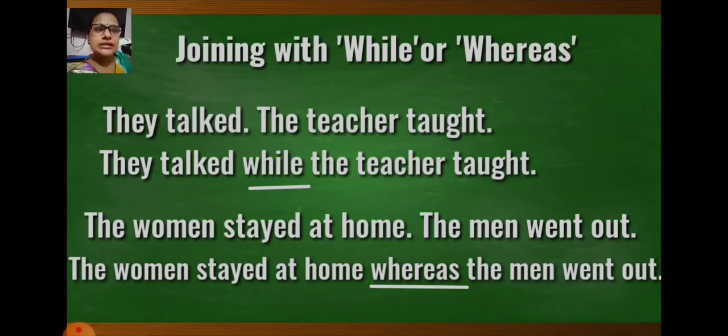While is more appropriate when both statements are in process, but whereas you can use when both the statements are contradicting. For example, women are staying at home, men are out. Both are opposites. At that place you can use whereas, and when both the sentences are in process, then you can use while.